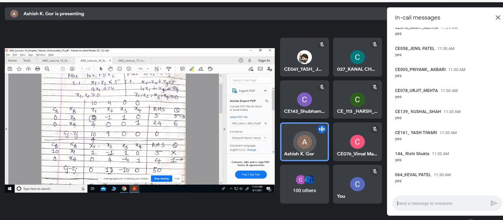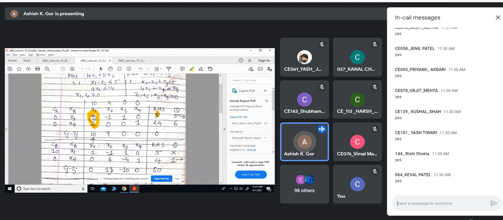Zj is directly 0, 0, 0, 0, right? I have not written that. Because this is 0, Cj minus Zj is the same: 10, 9, 0, 0. The maximum value is 10. So I can enter this variable. So this becomes my key column.